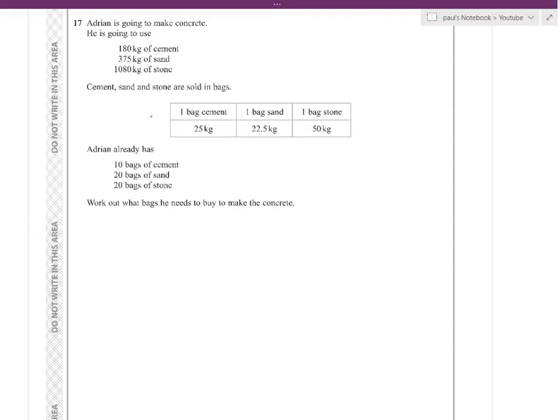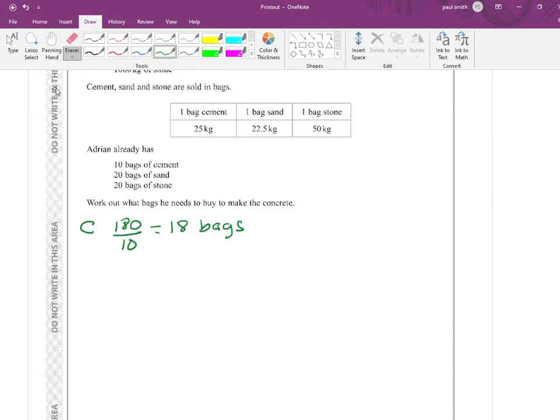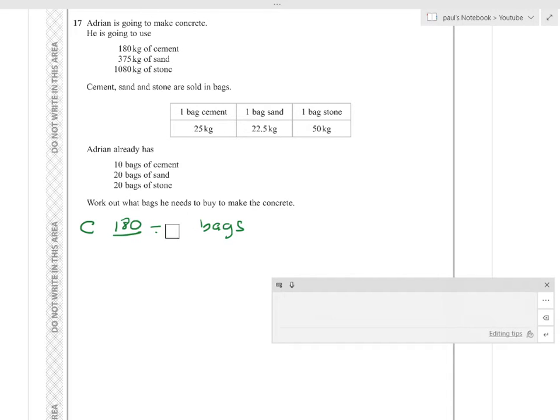So, cement is 180 kilograms divided by 10 kilograms, which equals 18 bags. Oh, he's got 18 bags. No, that's not right, is it? Everything is always a bit more complicated than you think.